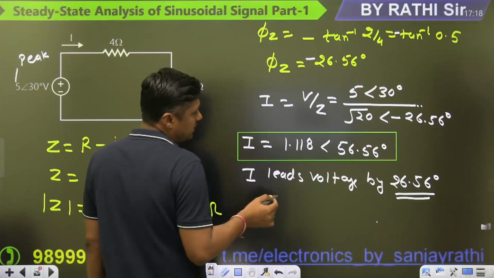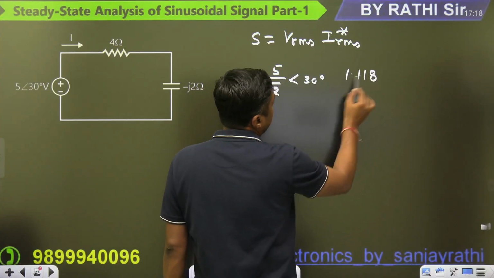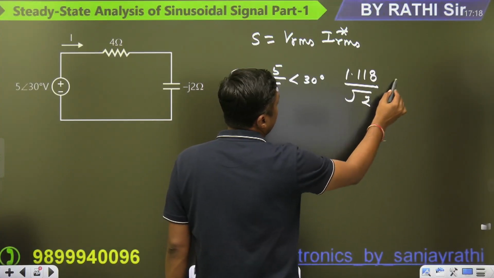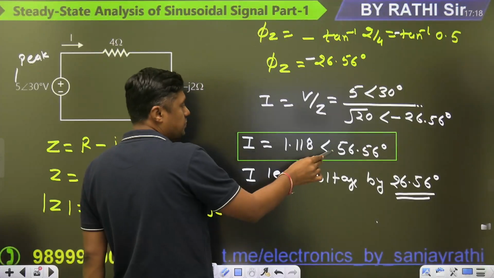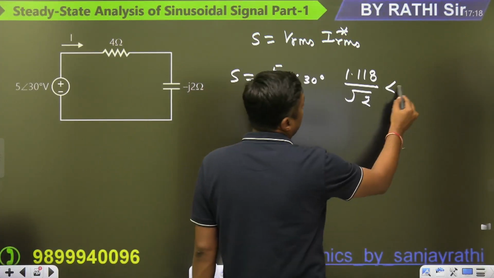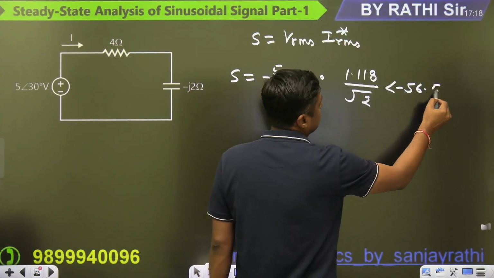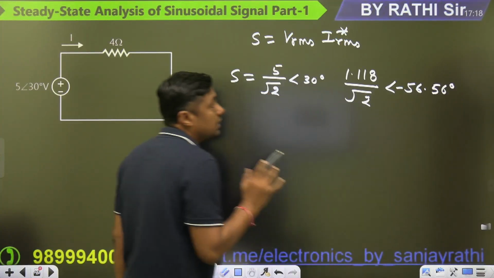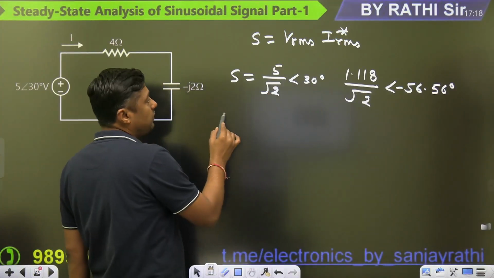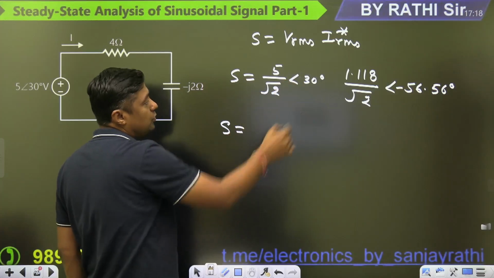What is the I RMS? 1.118 divided by root 2. This is called RMS value and angle. If it is positive, so in a complex conjugate, it will become negative, minus 56.56. This is the angle. Remember. Now you can multiply, S is equal to, root 2 into root 2 will become 2.